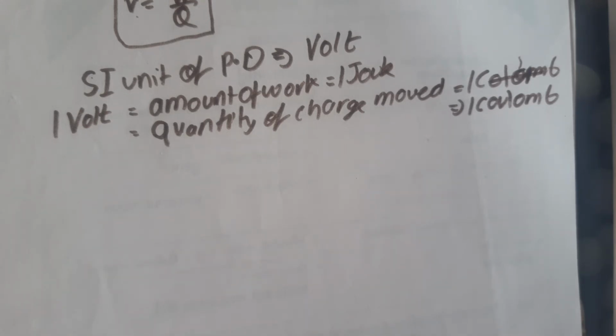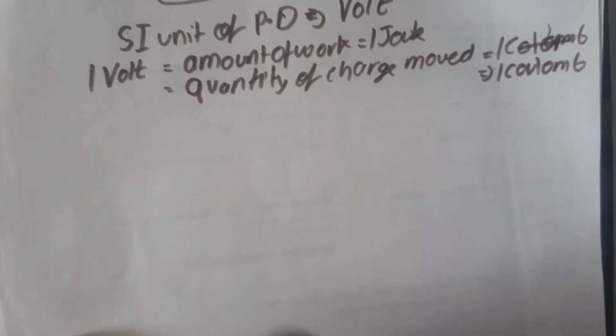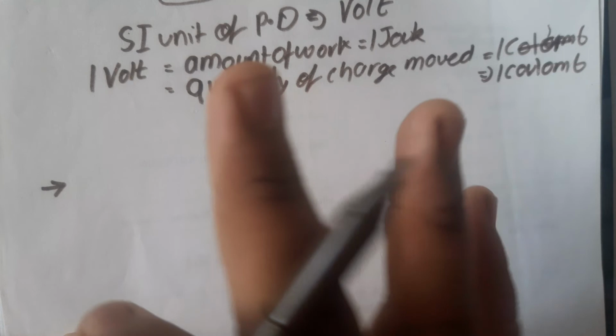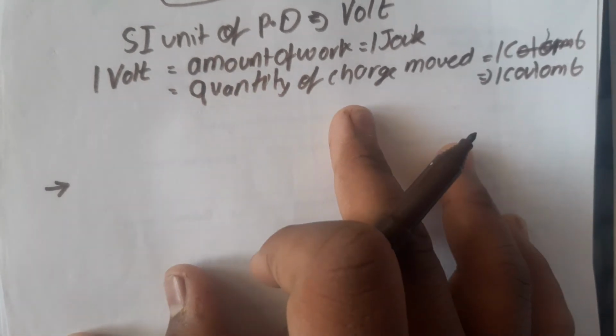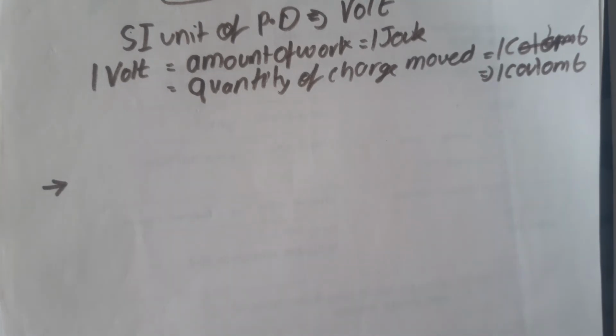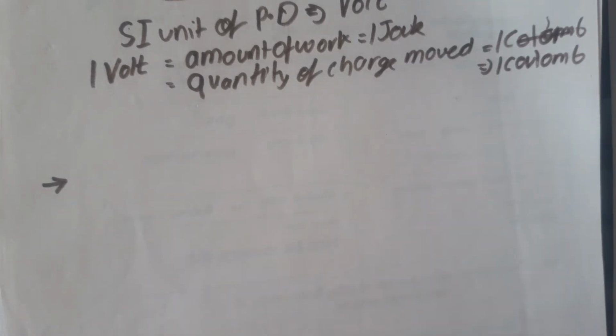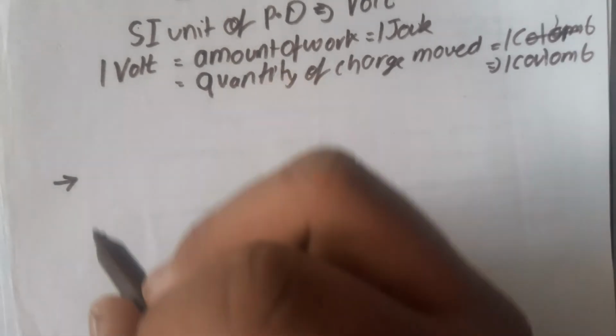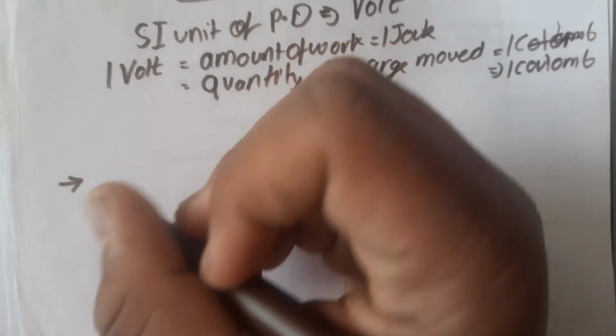Okay, so now, how can we measure potential difference? We know the formula, we know the representation, we also know the definition, but how can we measure the potential difference of an electrical appliance? It can be easily done by a device called a voltmeter.